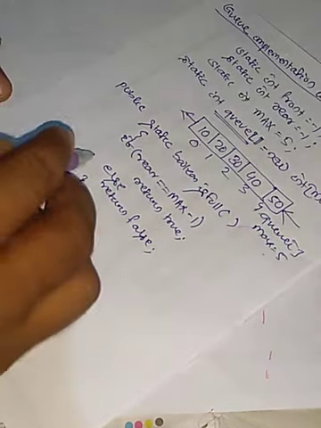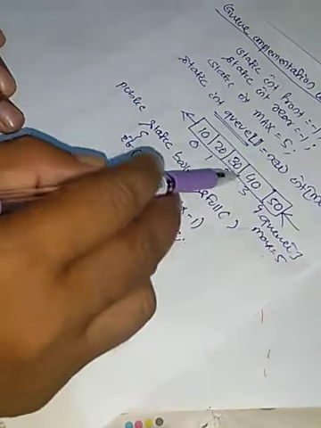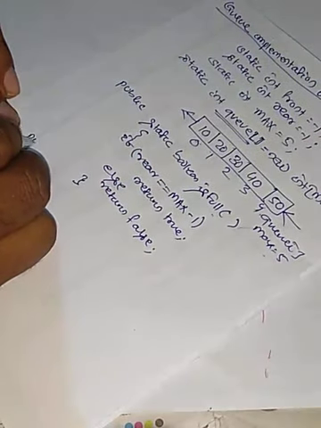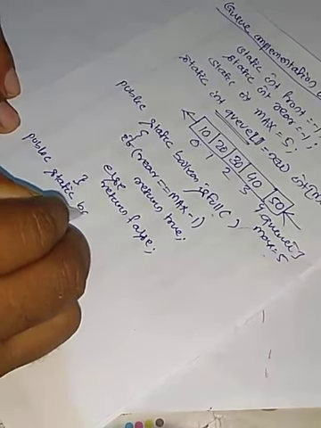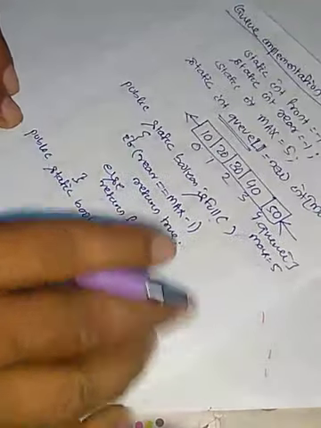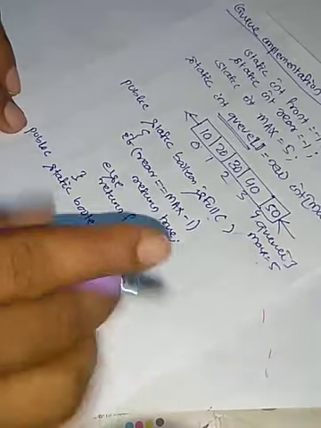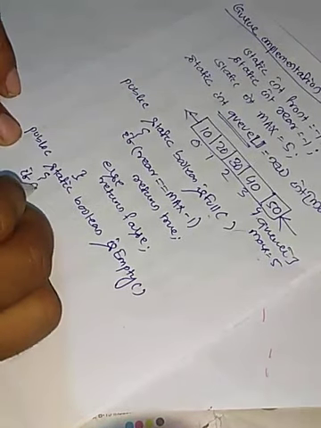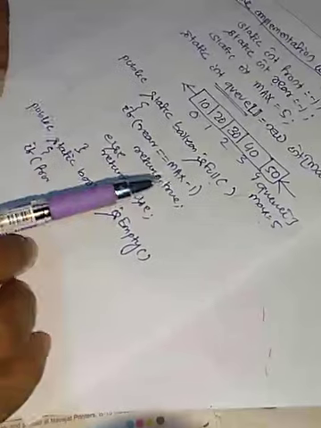Next, we'll check whether the queue is empty. How will we do that? Public static boolean isEmpty. We have already taken the empty queue condition here, front equal to -1, rear equal to -1.